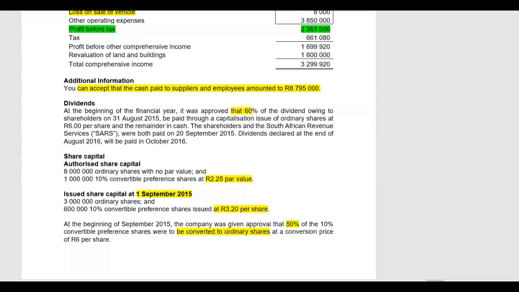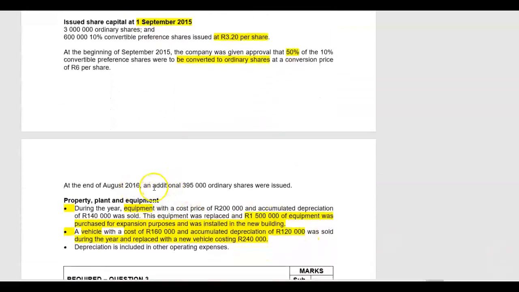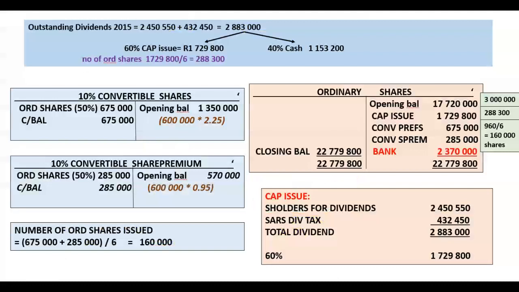Good. Then they also tell me that at the end of August, an additional 395,000 shares were issued. Now, that means there was an additional share issue, and they don't give me the proceeds of the share issue. So the whole exercise here is to determine the value of the share issue.